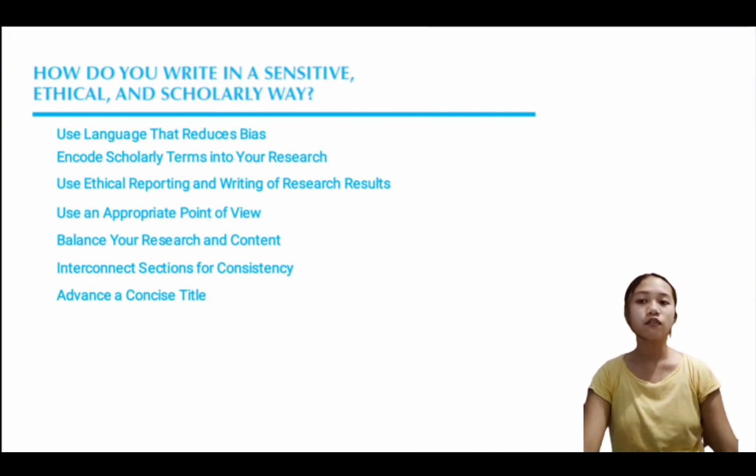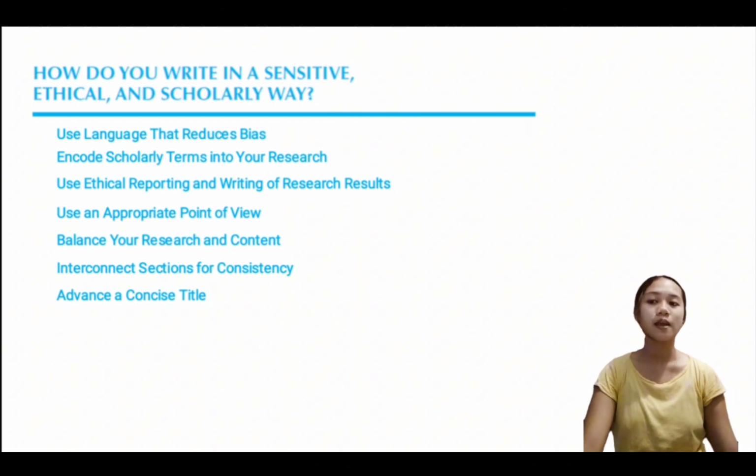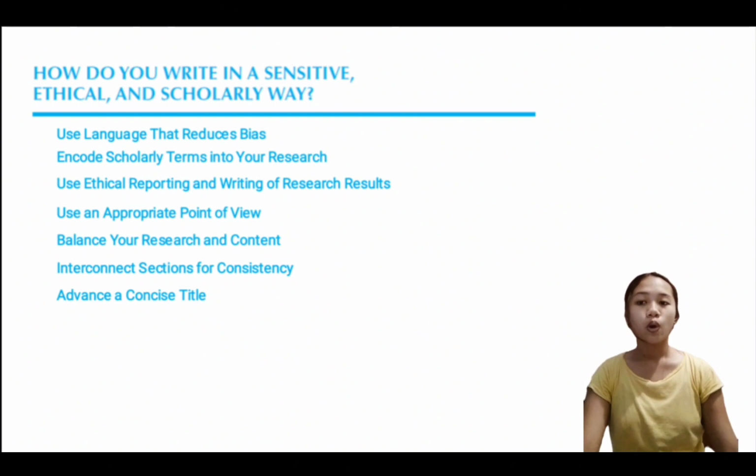In a quantitative report, stating the variables and using their exact names each time you mention them can help connect the parts. Another linking device in a quantitative study is to use the same research questions or hypotheses wherever they appear in the research report.